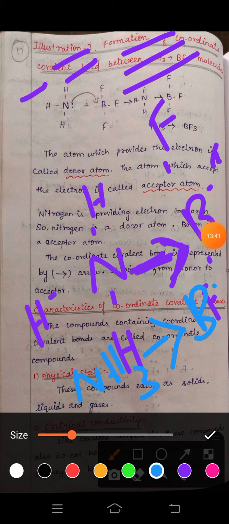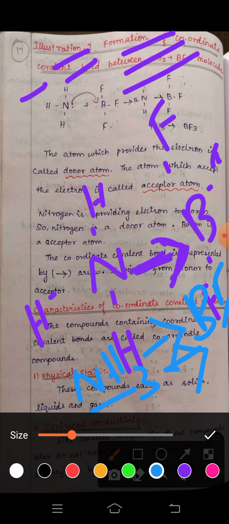So the ammonia molecule has a coordinate covalent bond with boron trifluoride, because if it shared 2 electrons its stable electronic configuration would get disturbed. So what is the ammonia doing? Ammonia is donating 2 electrons to the boron trifluoride, and it becomes the donor atom. The boron trifluoride accepts the 2 electrons, so it becomes the acceptor atom. Are you clear?